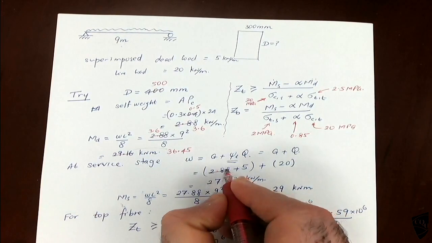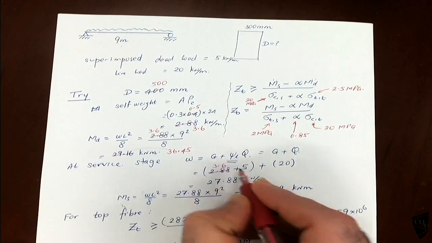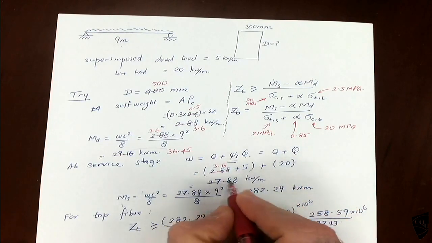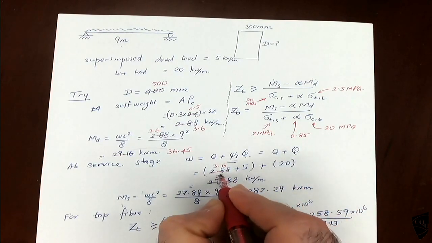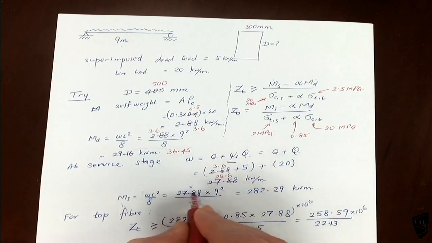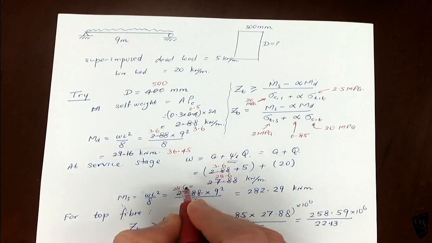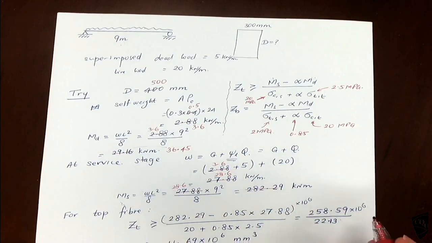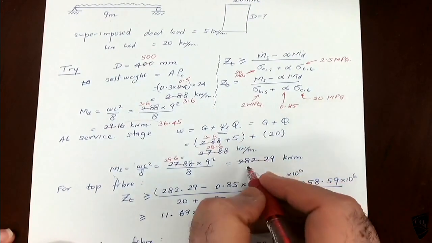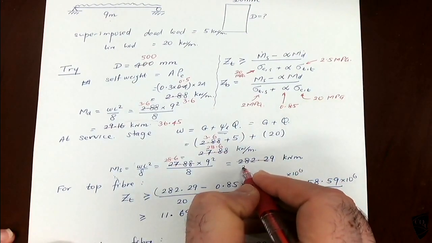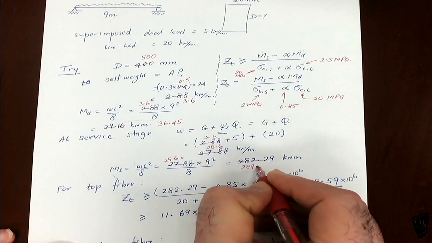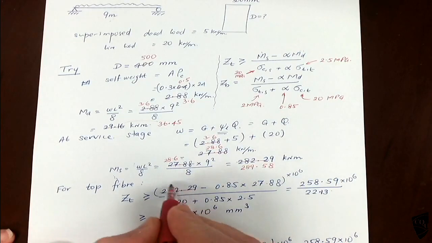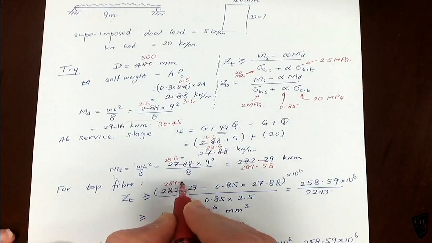Here it becomes 3.6, nothing will change here. So this becomes 28.6, and this one is 289.58.